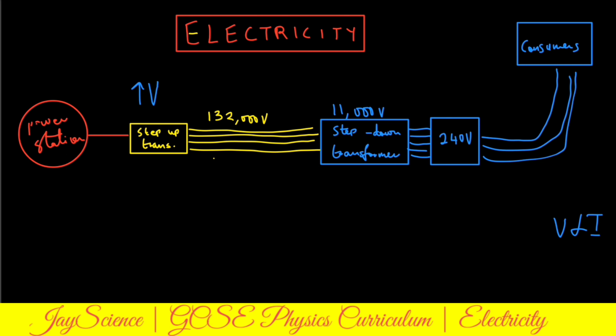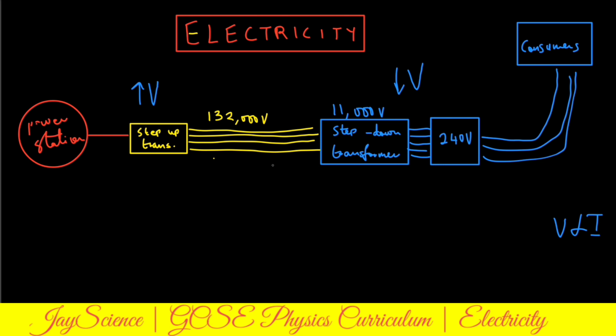So the power station's potential difference is not as high as what we need. The step-up transformer will jack the potential difference up to around 132,000 volts or even higher. And then the step-down transformer will decrease the potential difference so that the consumers can actually use it.